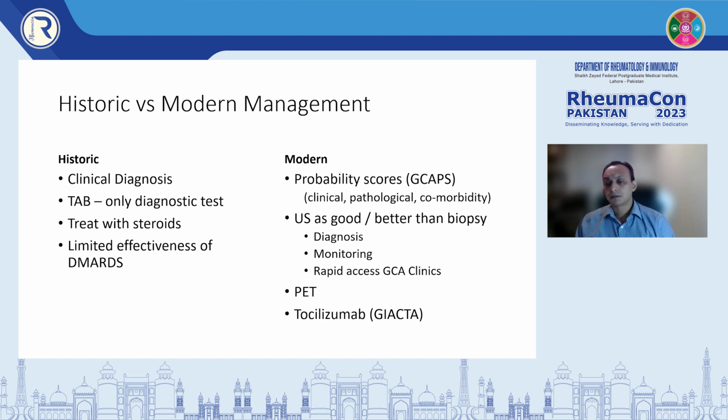GCAPs can classify the probability of giant cell arteritis into low probability, moderate probability, and high probability, and that can assist in what to do next.